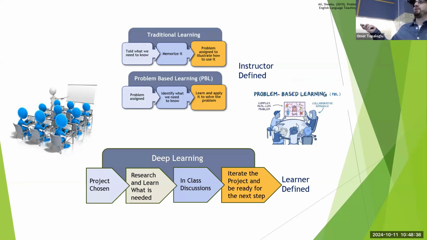And then, instead of learning the material in class, they are going to use it before the class, and they will have in-class discussions. And afterwards, they are going to iterate this process, and iterate their projects. So that actually the learner defines their own approach to their own learning.